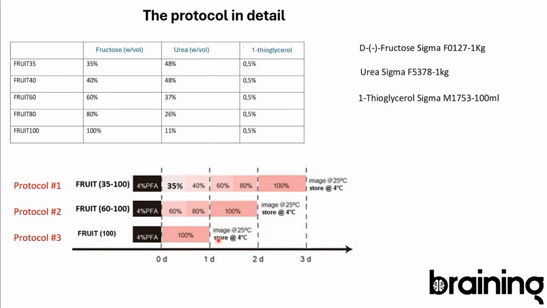And it turned out that with a slice of 750 micron coming from a rat brain, dipping the slice for 24 hours at 37 degrees in the so-called Fruit 100, which contains fructose 100%, urea 11%, and 0.5% thioglycerol. This is a reducing agent, meant to reduce the possibility that the fructose changes color due to oxidation. This was sufficient to get a good clearing.